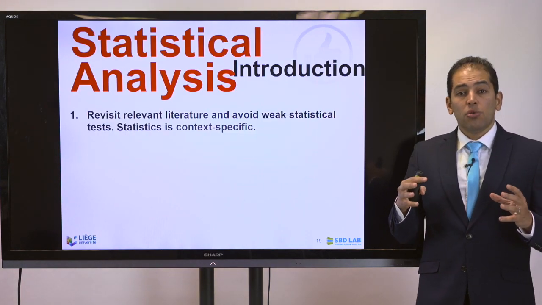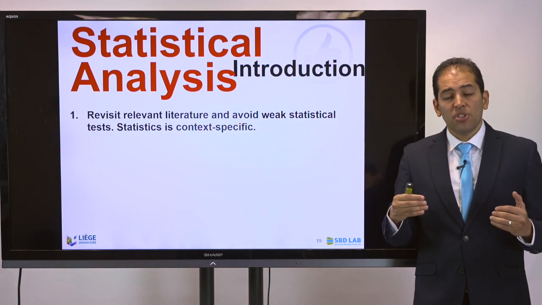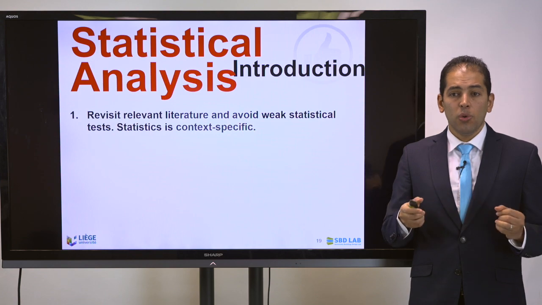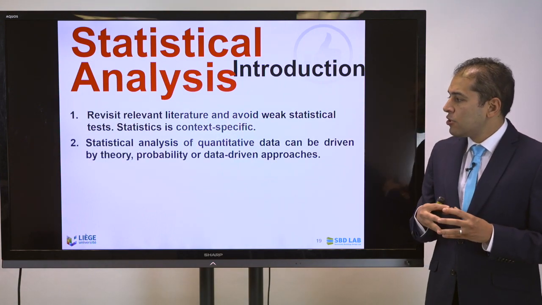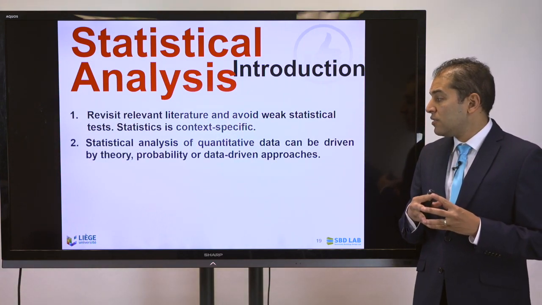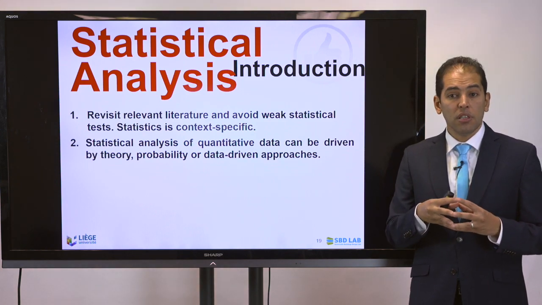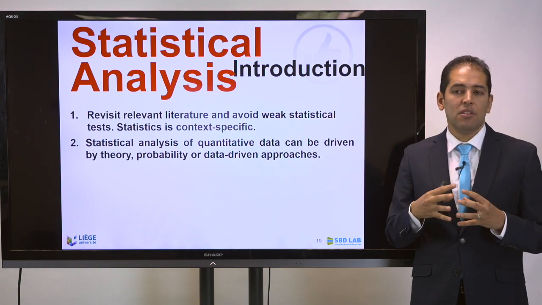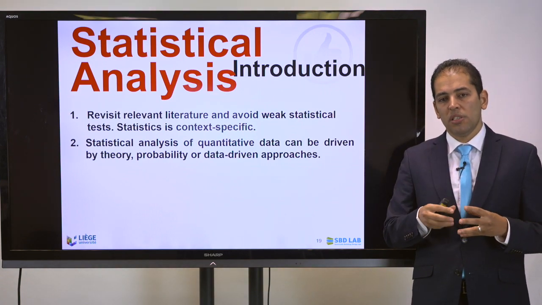First of all, I advise you to revisit relevant literature and avoid weak statistical tests, because statistics is always context specific. Make sure that statistical analysis of quantitative data can be driven by theory, probability, or data-driven approaches. You need to understand that probability is so important to understand.